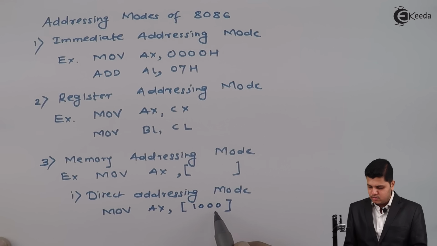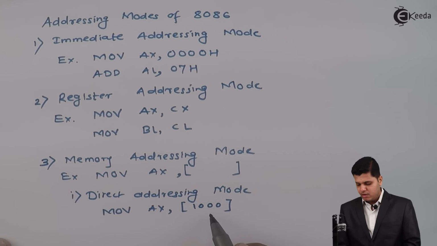This is the address specified directly in the brackets in the instruction itself. The contents of address 1000H will be copied to the AX register. Since the address is directly specified in the instruction itself, it is called direct addressing mode.